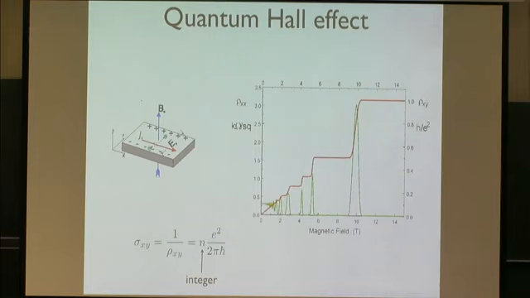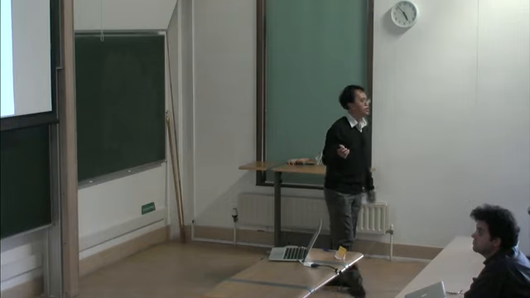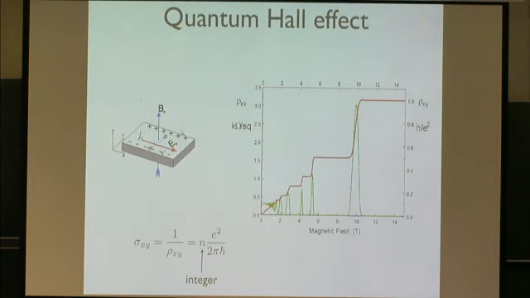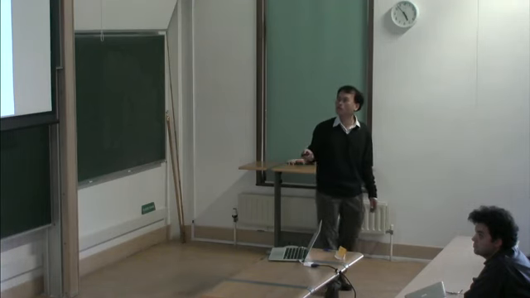And what was found is that the behavior of rho xy as a function of the magnetic field for this sample doesn't follow the linear prediction of the classical theory. In fact, it has various steps, quantum Hall plateaus, that correspond to sigma xy equal to an integer times the quantum Hall constant e squared over 2 pi h bar.